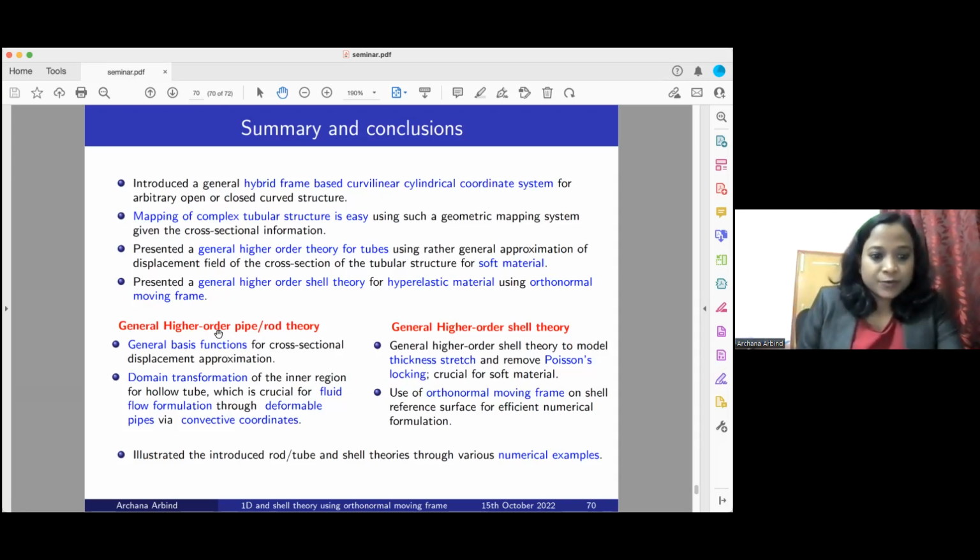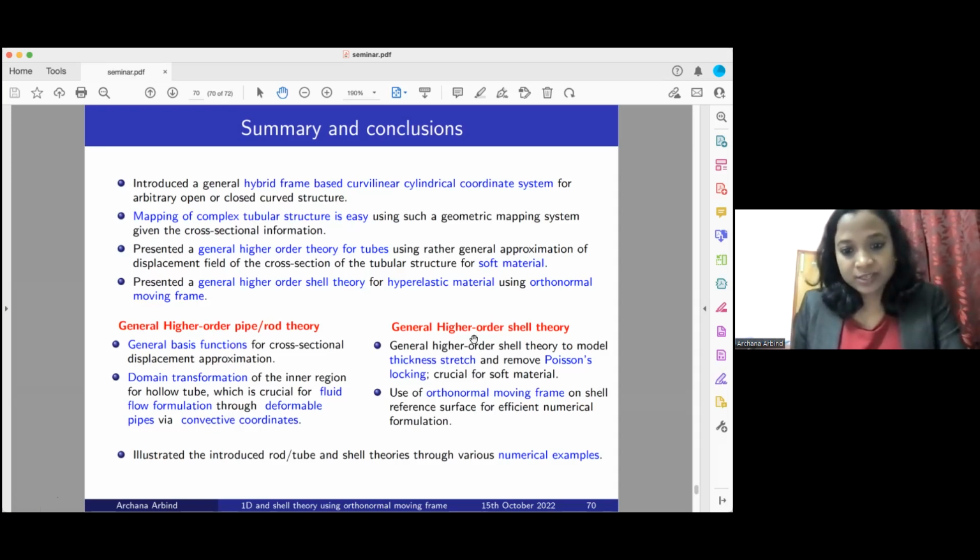The salient feature of the higher order one-dimensional theory, sometimes called pipe theory, is that it uses a general basis function for cross-sectional deformation approximation, and also gives a rule for domain transformation, which could be very useful for fluid flow through deformable walls.